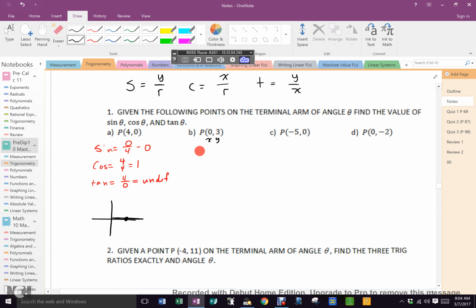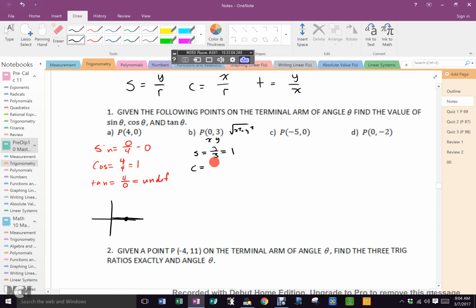X, Y. So sine equals, what's the radius? 3, right? Because it's the square root of x squared plus y squared. So it's 3 plus 0, correct? Okay, so the sine is y over r. 3 over 3, which is what? 1.